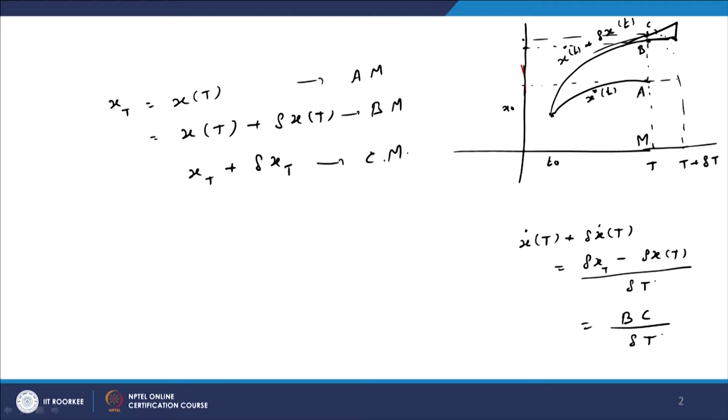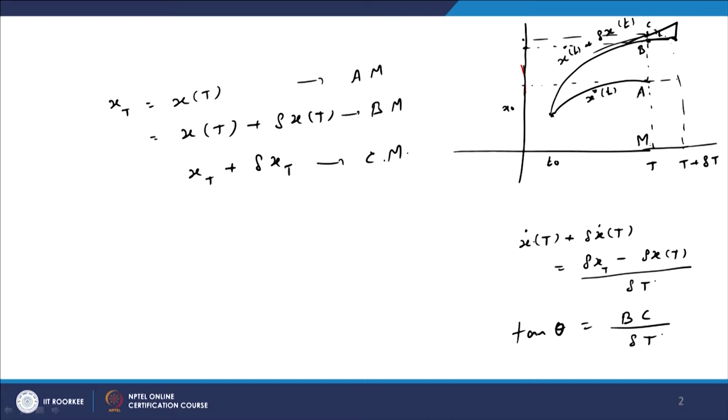Now, we can see that approximately the tan of this angle is equal to BC, this height, over delta T, which is from here to here, the increment in capital T. So, BC by delta T is tan theta, but that is nothing but the slope of this curve at the capital T position.